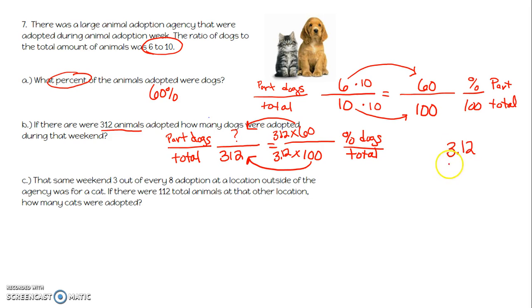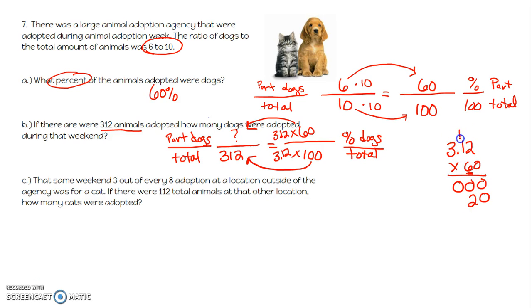So 3.12 times 60. Of course, I love to estimate, so this is about 3 times 60. 3 times 6 is 18, so 3 times 60 is 180. So about 180 of the animals were dogs. Let's see how many. 0 times 2 is 0, 0 times 1 is 0, 0 times 3 is 0. Move into the tens place. Put a 0 here in the tens place. 6 times 2 is 12.